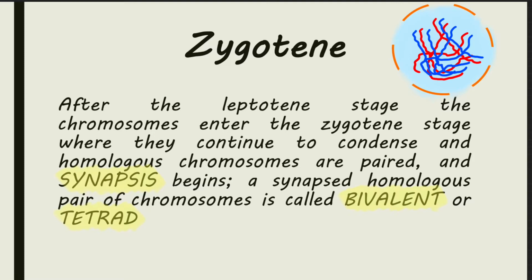However, now homologous chromosomes pair up and begin synapsis. Synapsis can be defined as the close pairing of homologous chromosomes. Each homologous pair of synapsed chromosomes is known as a bivalent or tetrad, consisting of 4 chromatids.